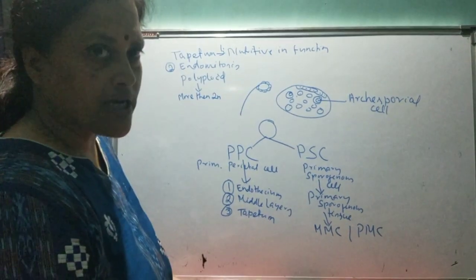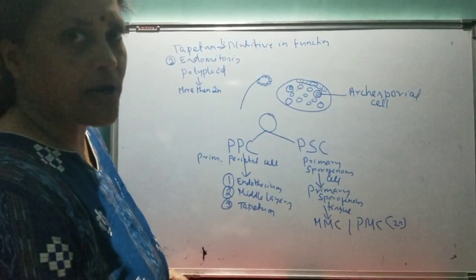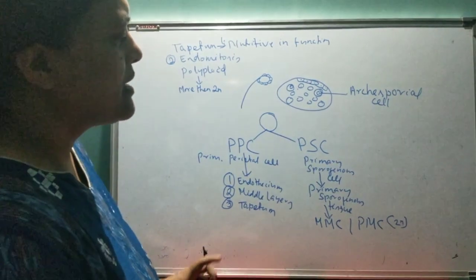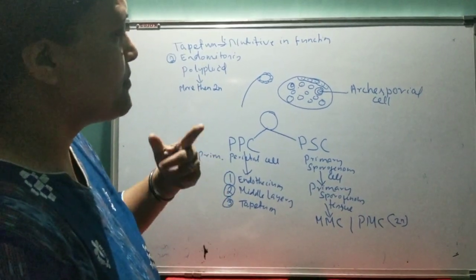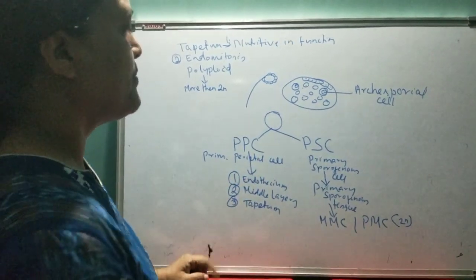When I say mother cell, it means the chromosome number is 2n; the cell having chromosome number 2n is diploid in nature.